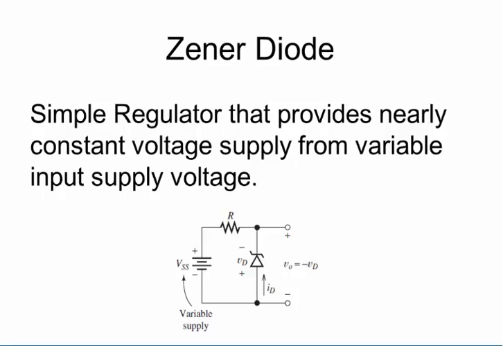It can happily operate in reverse bias past the breakdown point, and there it will keep the voltage constant across its terminals with a wildly varying current flowing through it.